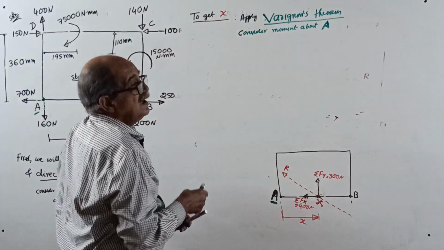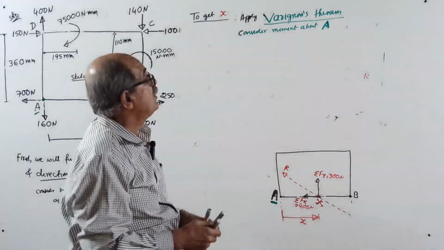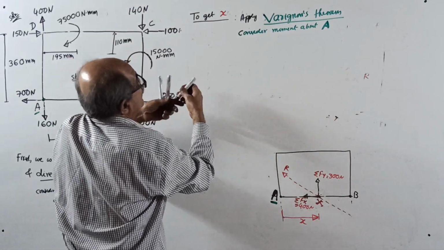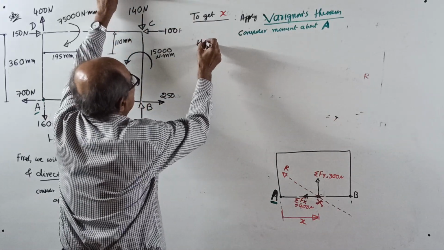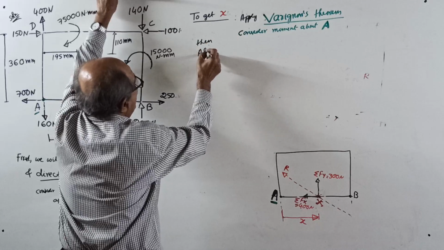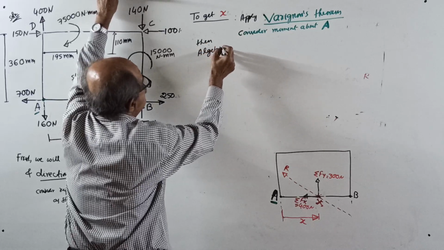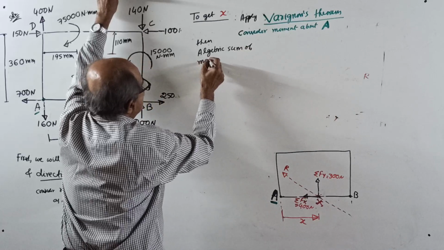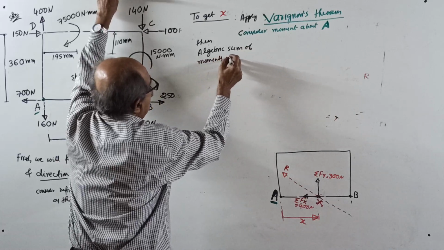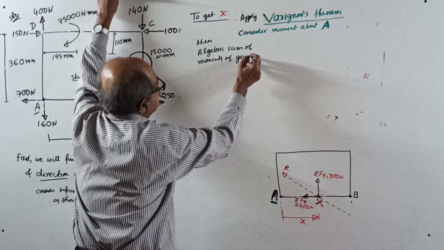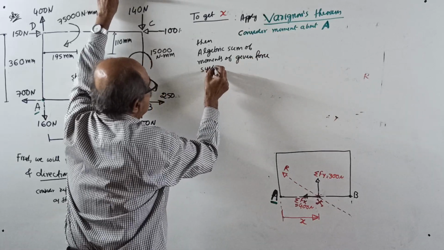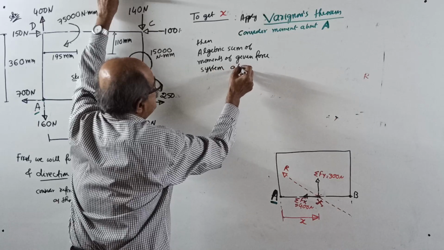Okay, now write the theorem once. Next time I won't write. Then the statement is what? Algebraic sum of moments of given force system about any point.